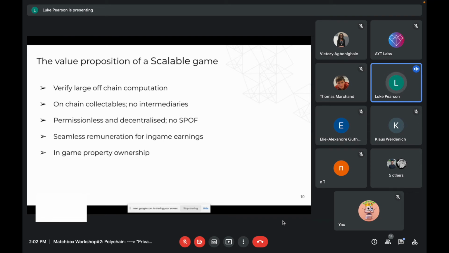If you have a fully in-game economy, a full circular economy, you can have better remuneration for in-game earnings. And I think that's going to be one of the larger places.